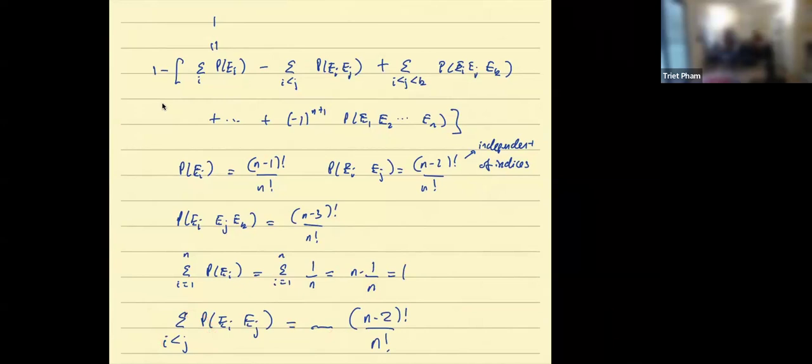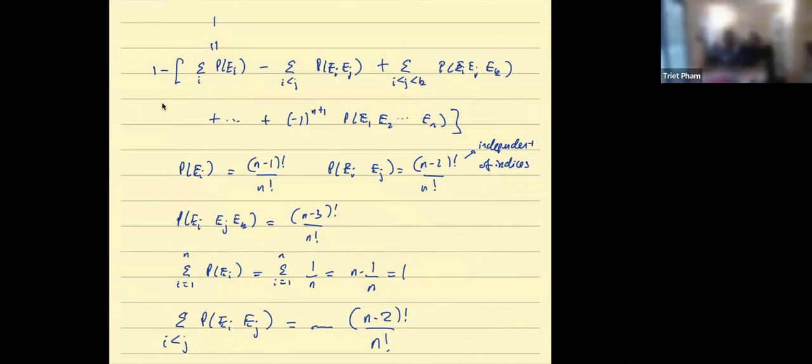What do you think? How many terms are there in this sum? Any suggestion? Minus 1?